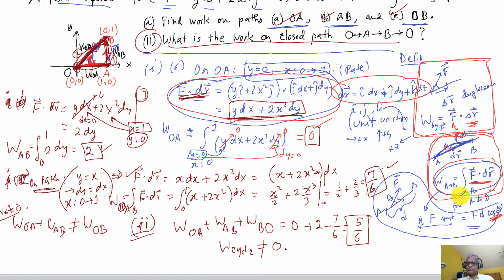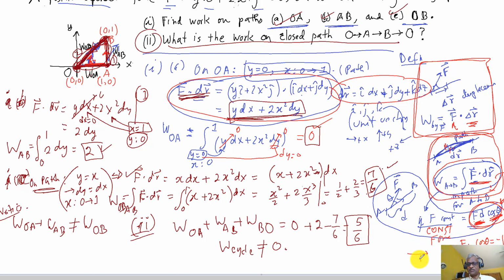However, if force was constant, then this thing simplifies to F D cosine theta. A lot of students memorize F D. F D is wrong unless they're in the same direction, unless cosine theta is 1. If the D is that way and the force is the opposite way, then cosine theta will be minus 1.